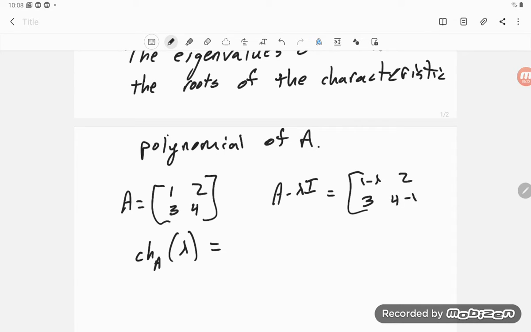When I do that determinant, I get 1 minus lambda times 4 minus lambda, minus 6.